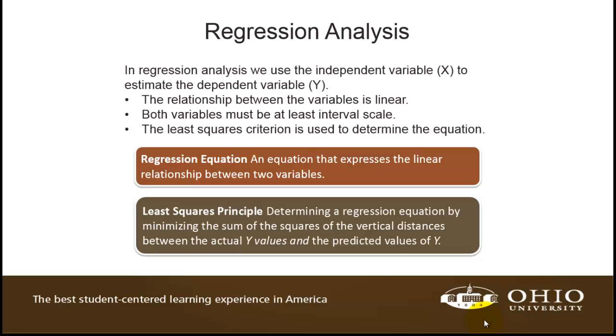For example, if I was talking about temperature, we know what the difference between 10 degrees Fahrenheit and 20 degrees Fahrenheit is. That difference makes sense, but it doesn't make sense to say that 20 degrees is twice as cold as 10 degrees. We're going to use something called least squares to determine the equation of the line, and we're going to let Excel do that for us.